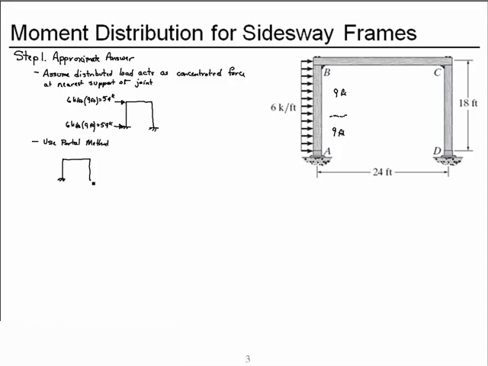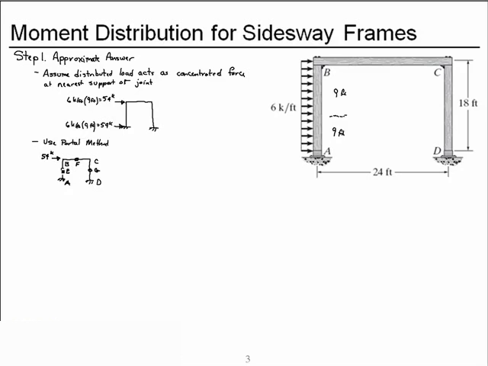So I have my frame, node A, B, C, and D. And the assumption is that there are inflection points mid-height of the columns and mid-span of the beams, and I'll label these points E, F, and G. We have our horizontal load of 54 kips.